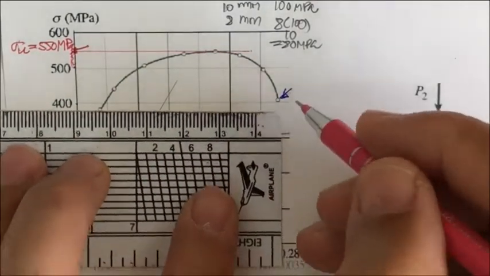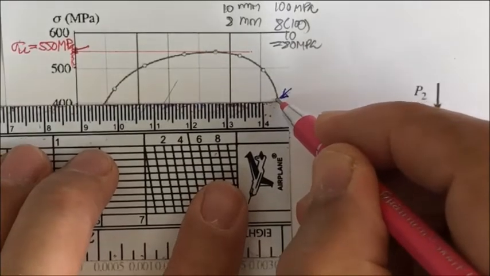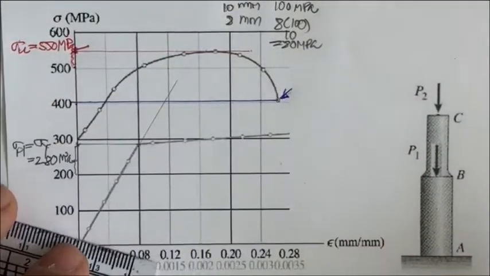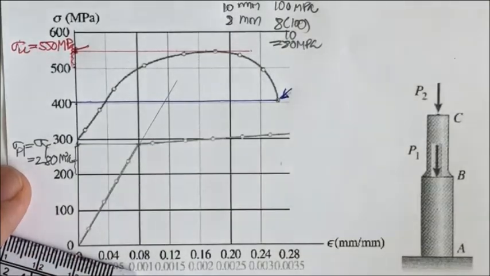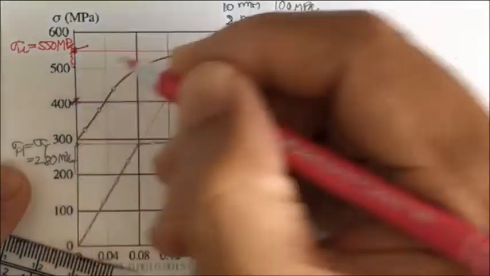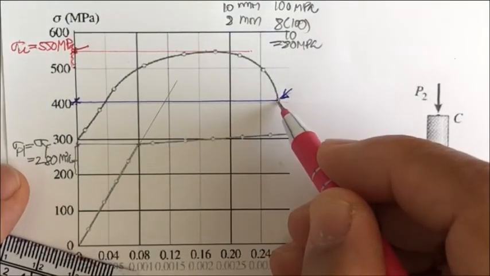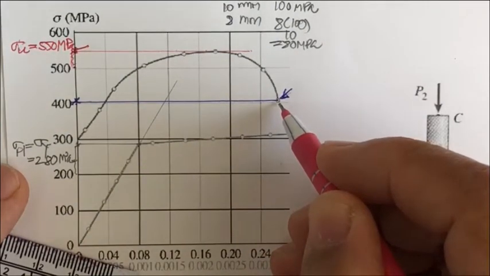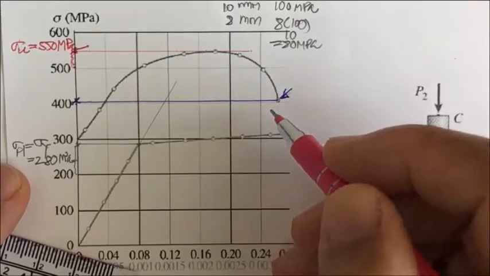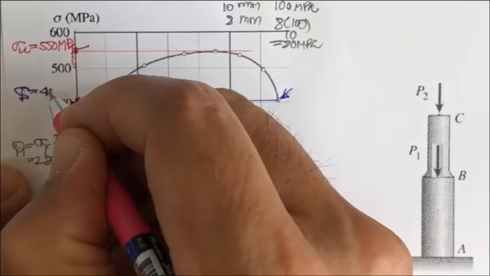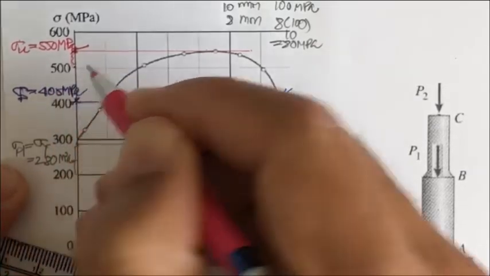So if you are very careful on this, okay, you may project like this, and you may answer this as 400, or if you can estimate it, you can answer 405 megapascal. So sigma sub f may be 405 megapascal.